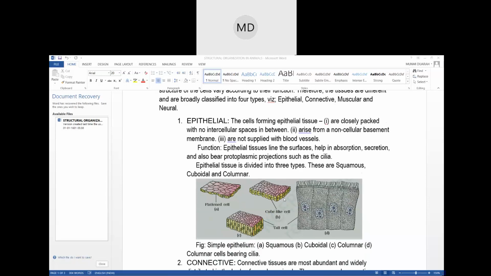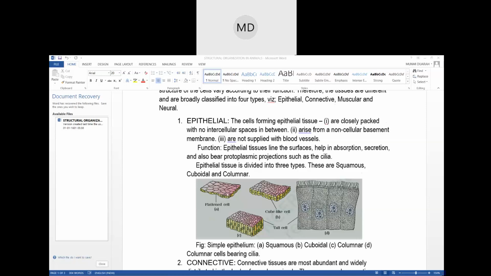And this is cuboidal, by the name it suggests it is in the form of a cube, like a square. Then this is columnar, in the shape of columns, long. This one is also columnar, a more magnified image, and this is the small one.